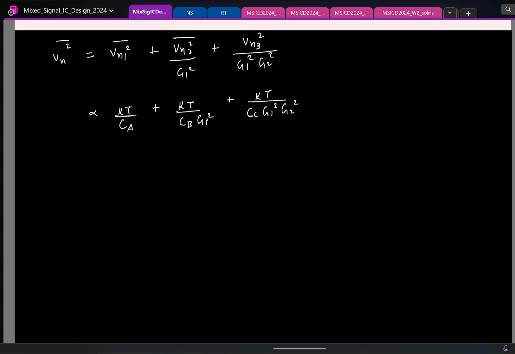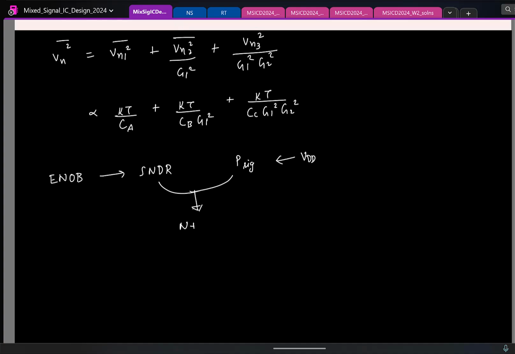Now, let us say you are given a particular effective number of bits as a specification. From this you can find the signal to noise and distortion ratio you need to have, right? And let us say you are given a particular supply VDD. From here you can find the maximum signal power you can provide to the ADC. From these two, what can you find?